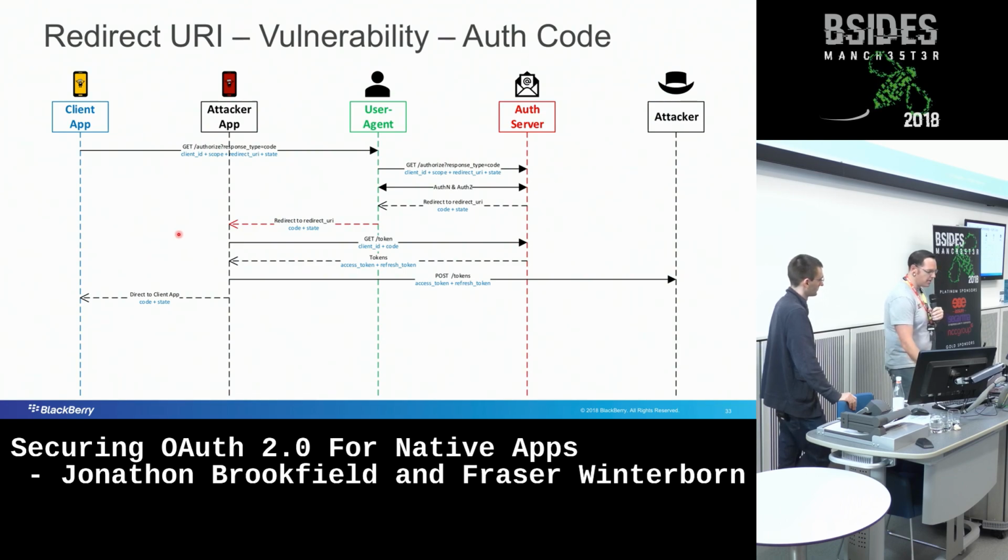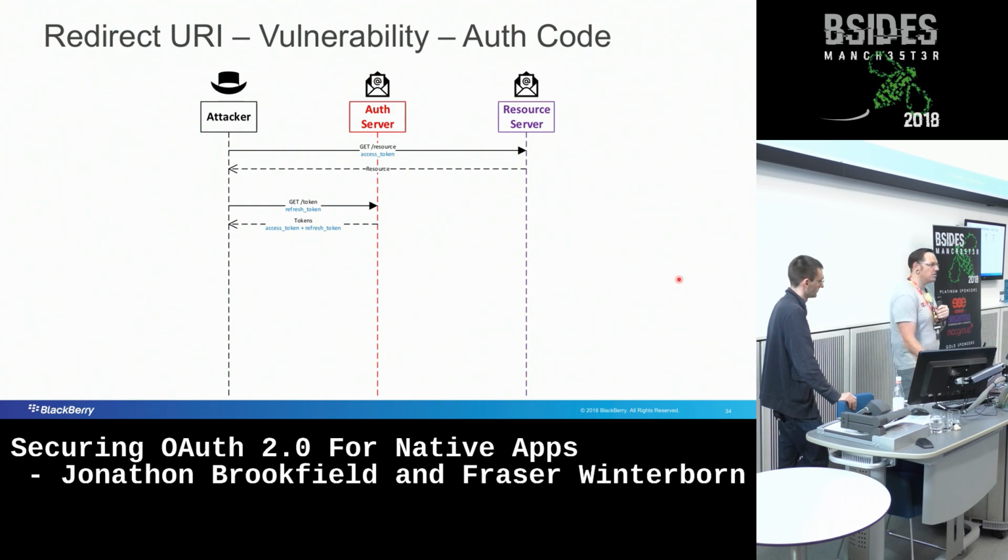In terms of what that looks like, here we have a client app performing a standard authorization request to the browser, then a standard exchange between the browser and the authorization server. But at this point, when the authorization code comes back to the user agent, it gets redirected to the attacker-controlled app, or in our case, Bad Mail Robot, and then that application can exchange the code for some access tokens and ship them off to an attacker-controlled server.